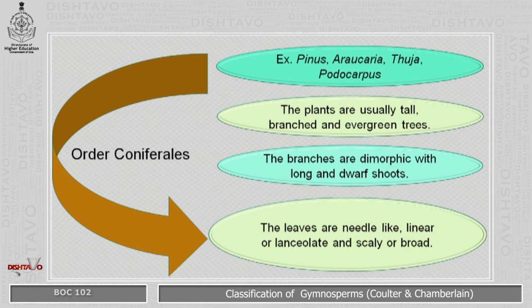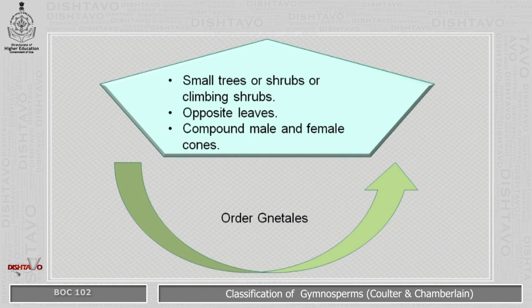The leaves in case of these plants are needle-like, linear or lanceolate, and scaly or broad. Now coming to the last order of the class Coniferophyta, Gnetales.